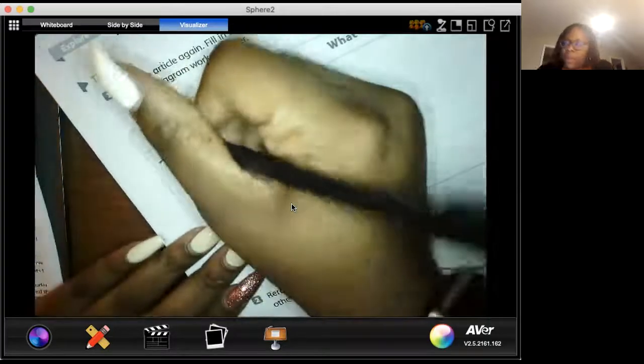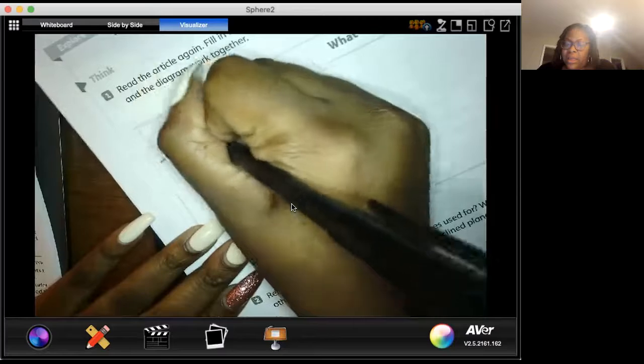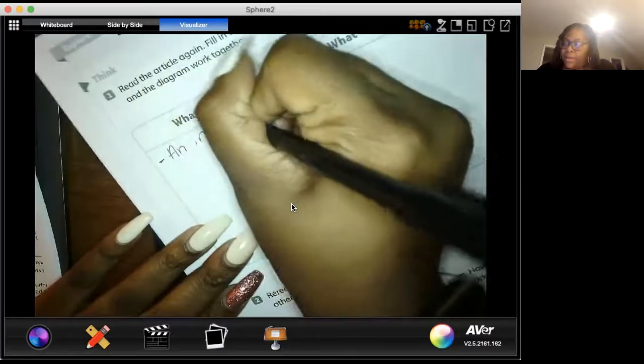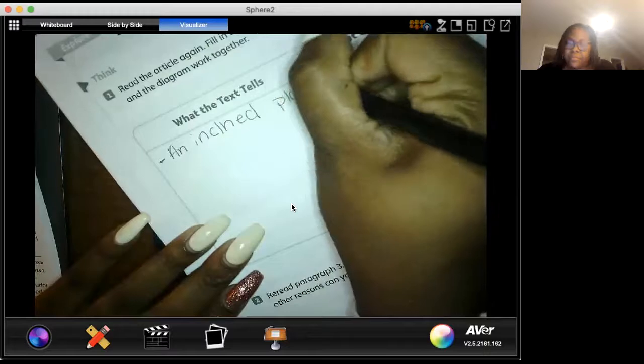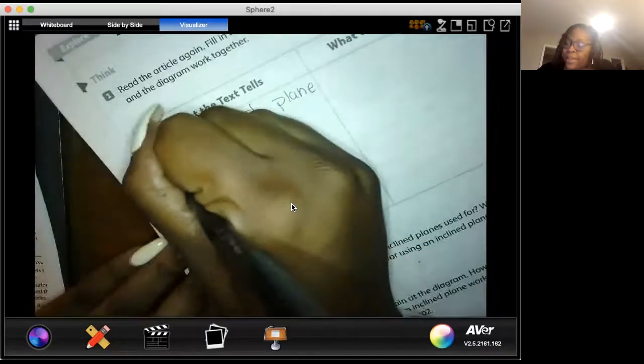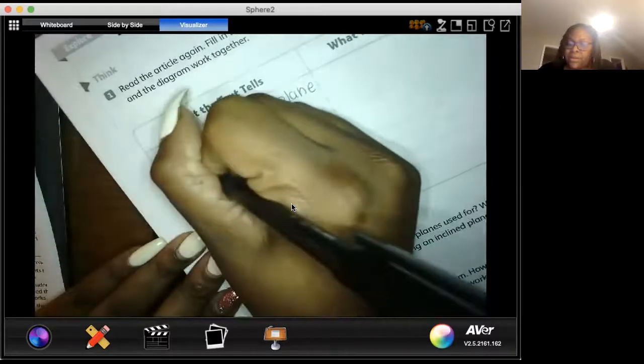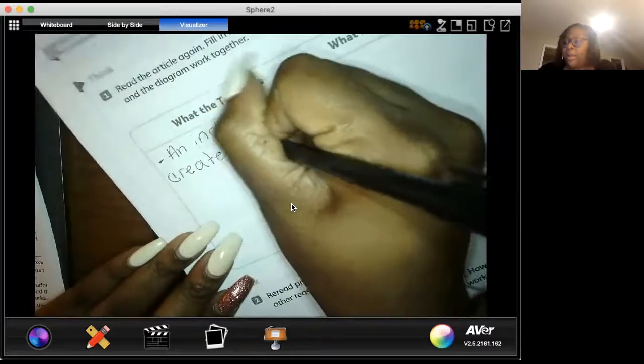sorry, an inclined plane creates a ramp.